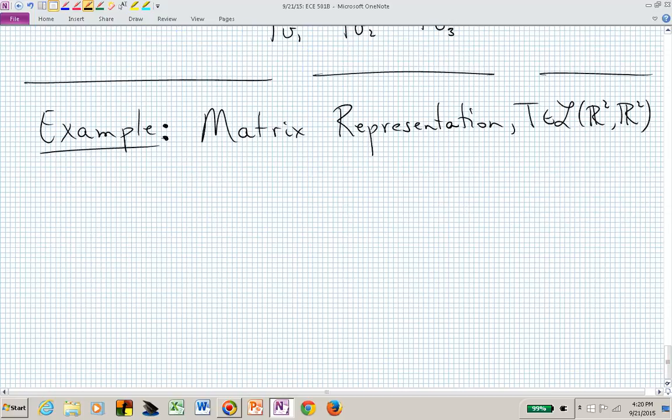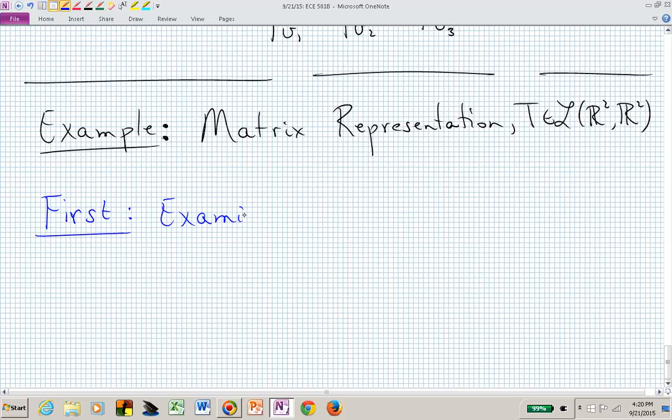But before we get too much into the matrix representation, let's just try to represent a single point in a 2-dimensional plane in terms of 2 different basis vectors, 2 sets of basis vectors.